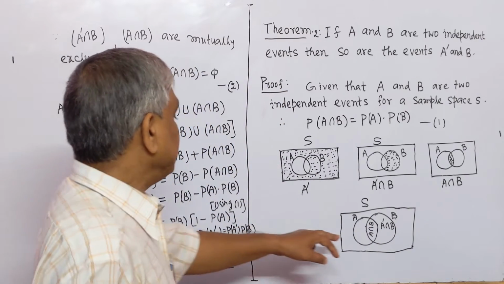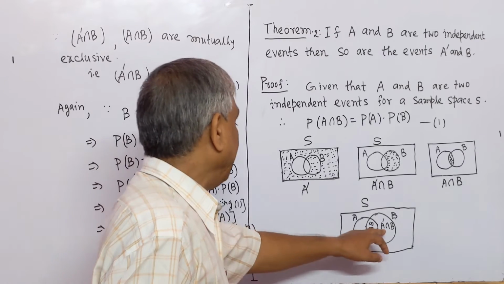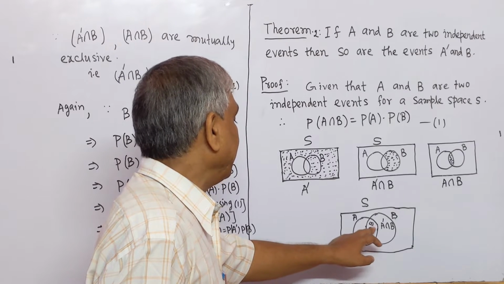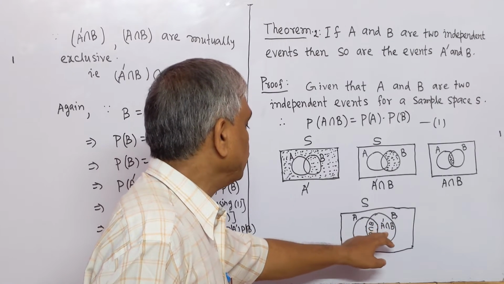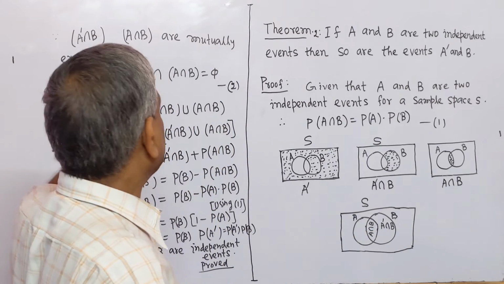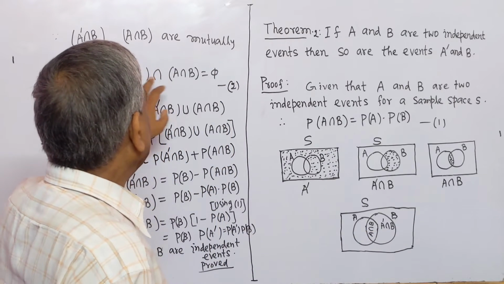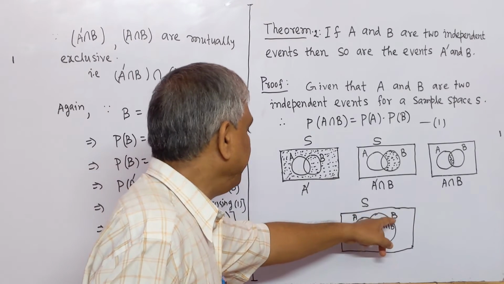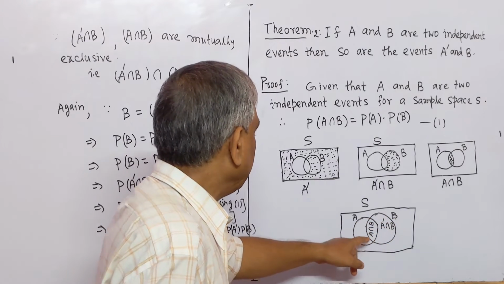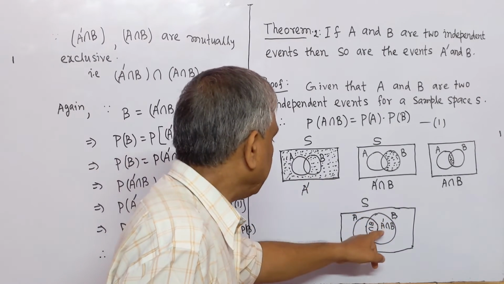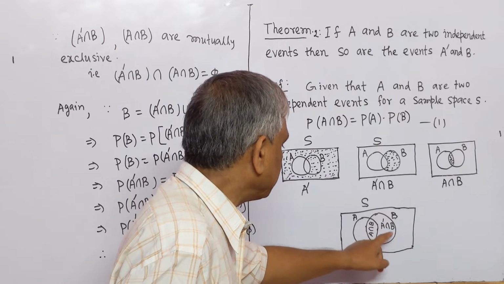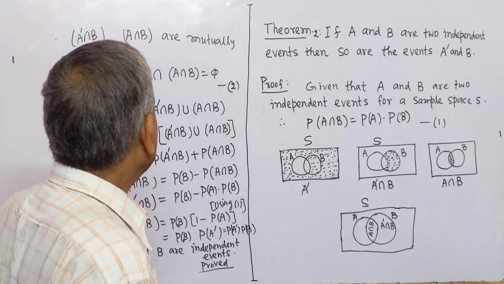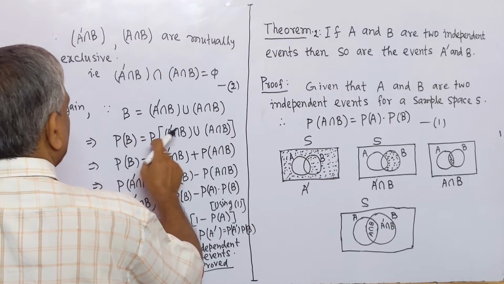Now here we see that complement of A intersect B and A intersect B are two mutually exclusive events. Therefore, their intersection will be phi. Here we see that B equals complement of A intersect B, this portion, union this portion A intersect B. We take probability on both sides.